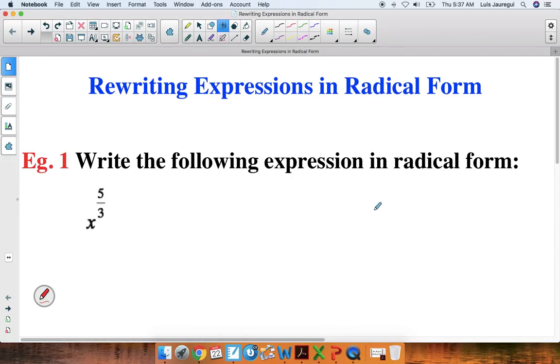Here, whenever you have an expression, let's say you have the base to the exponent p over q, remember that your p is your numerator and q is your denominator.